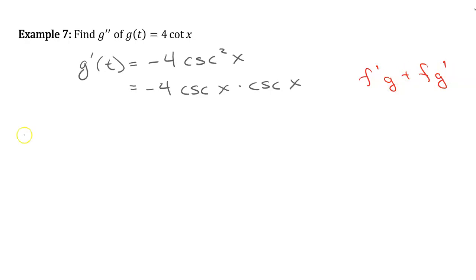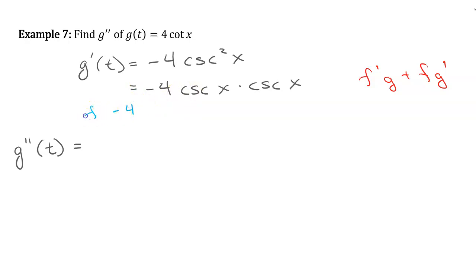Okay, so our double prime of g, we're going to need f prime. Well, if our first part is f, then f prime would be, well, the derivative of cosecant is negative cosecant x cotangent x. So that would be negative times a negative is, oh god, that's too many negatives for me.